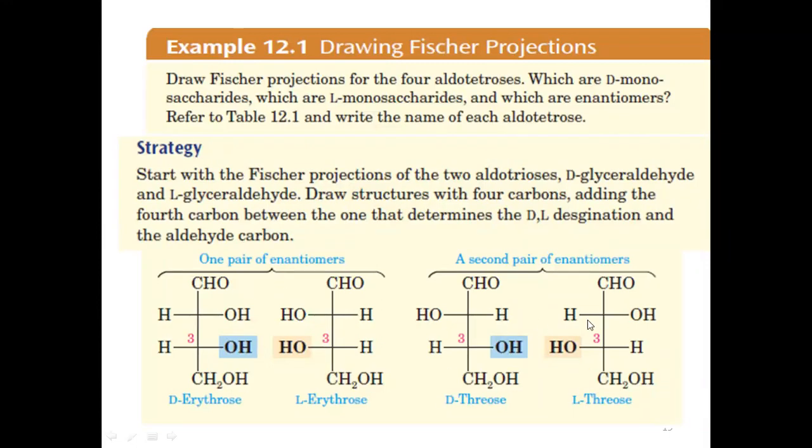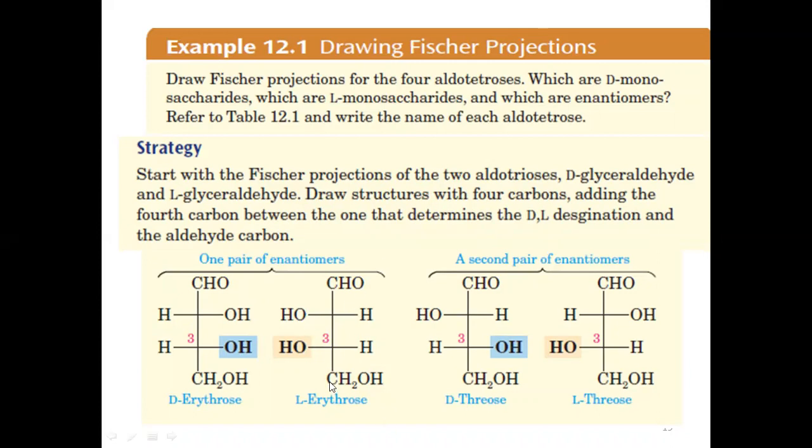And here, from the structure earlier, the OH is on the left instead of the right. So you draw the mirror image of this: you have the HO on the left and the OH on the right, and of course CHO and CH2OH here. In organic chemistry we learned to draw in a Fischer manner like this.